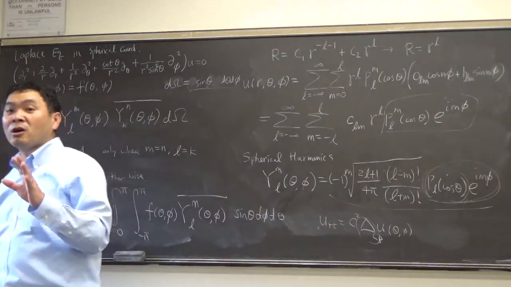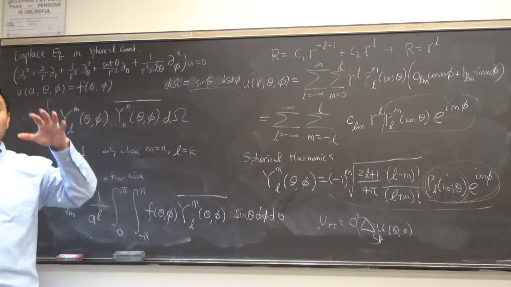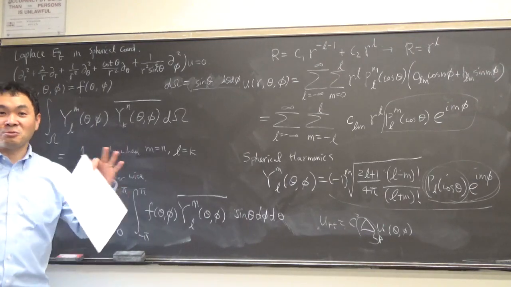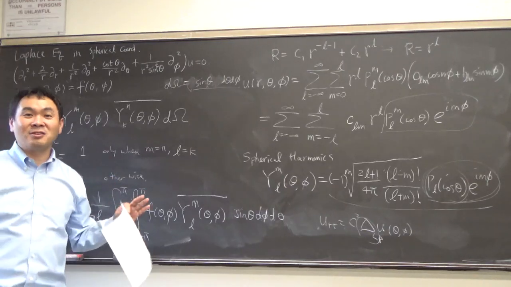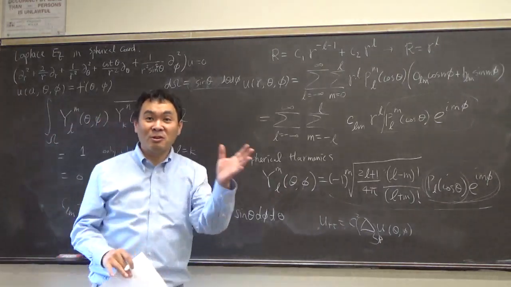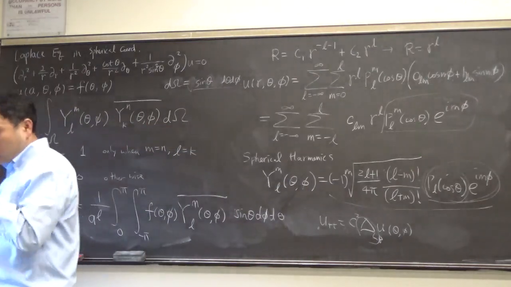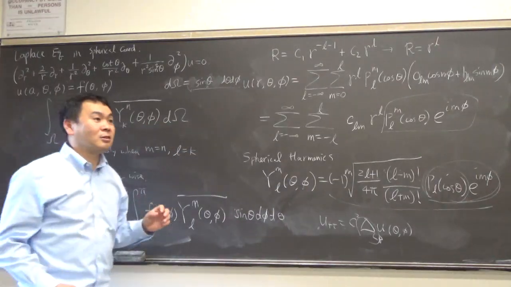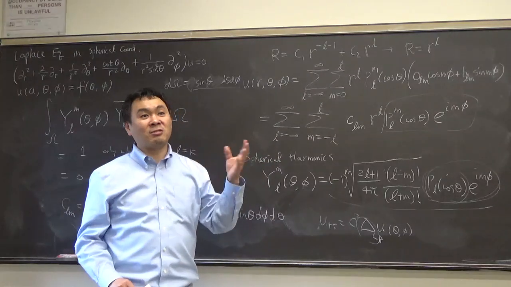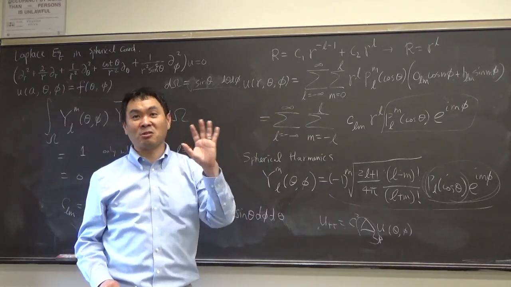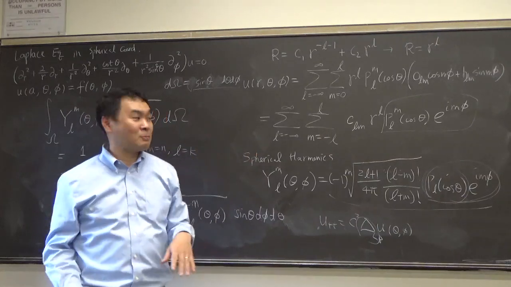You can do acoustics when you have a gigantic ball and you hit it and you get a sound from it, and you want to know what kind of modes there are, you use this. Also, when you're trying to do geodesy, which is like you have geographical data and you want to know the harmonics of it, you use this.